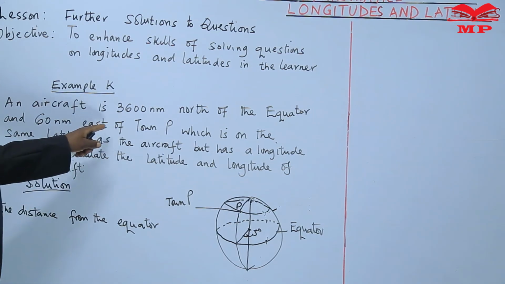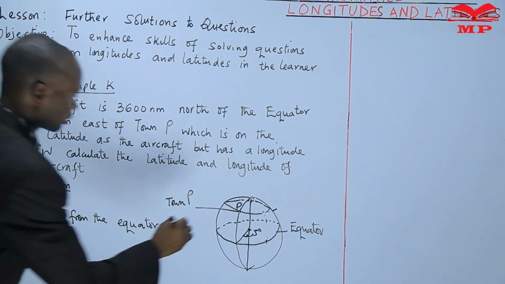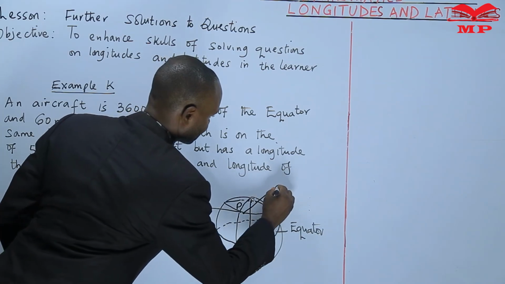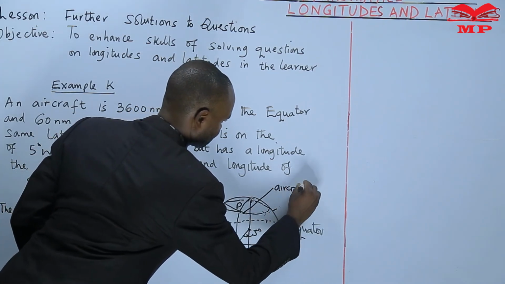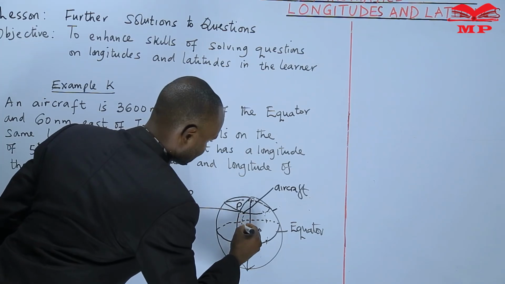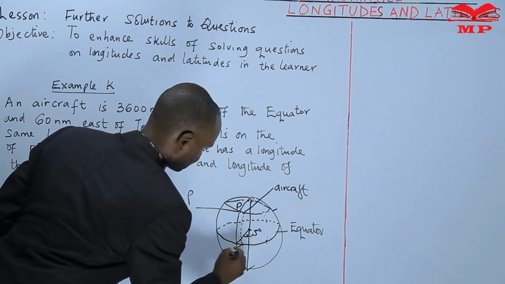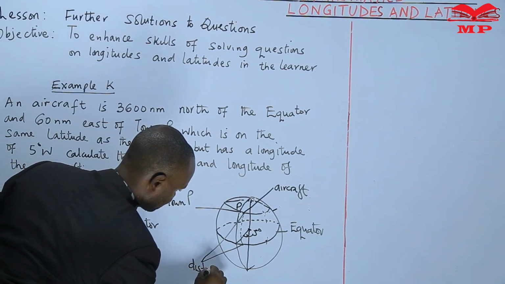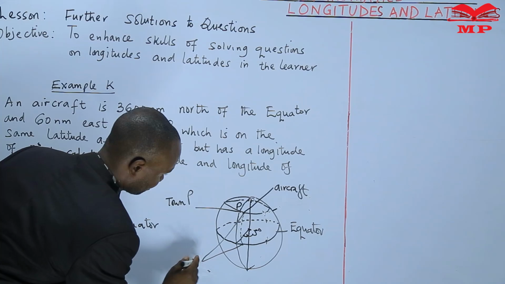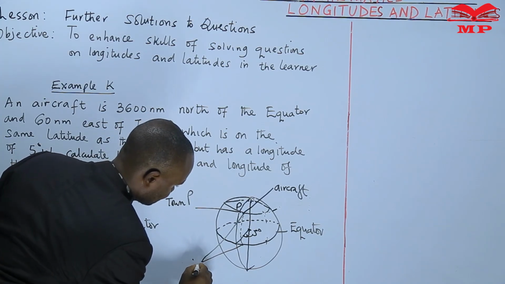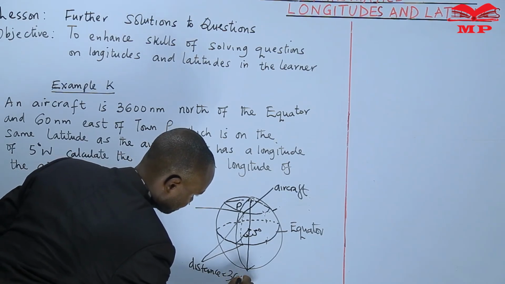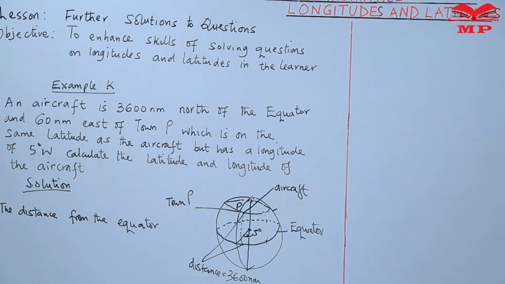So you'll come here, east of town P. So the aircraft is somewhere here. Aircraft. So they are looking for that distance. That distance is given as 3,600 nautical miles.